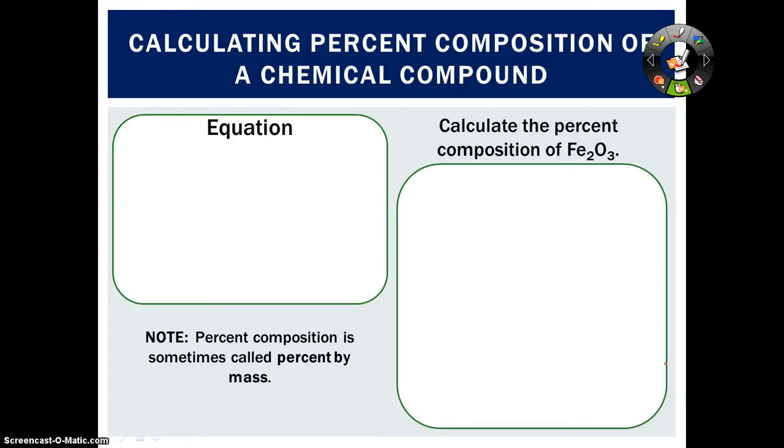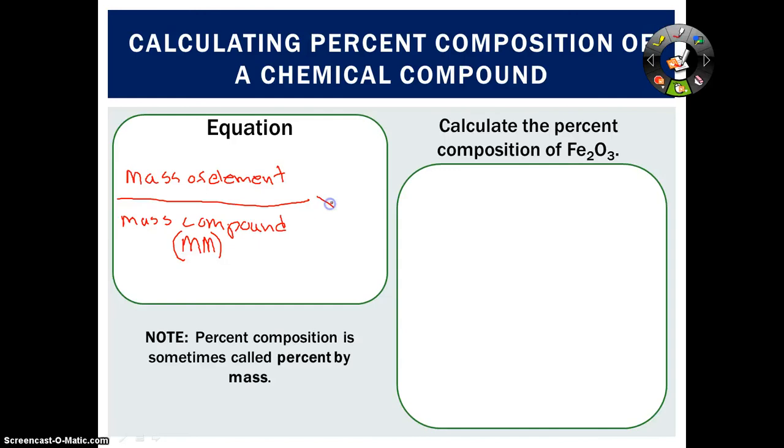So if I want the percent mass, just like in the classroom where I wanted the amount of girls, I want the mass of the particular element divided by the mass of the compound. This is the same thing as molar mass times 100.